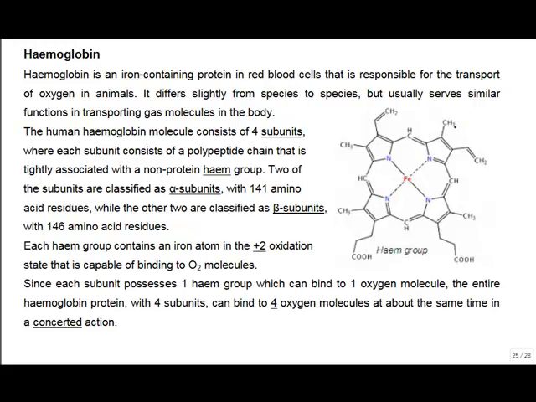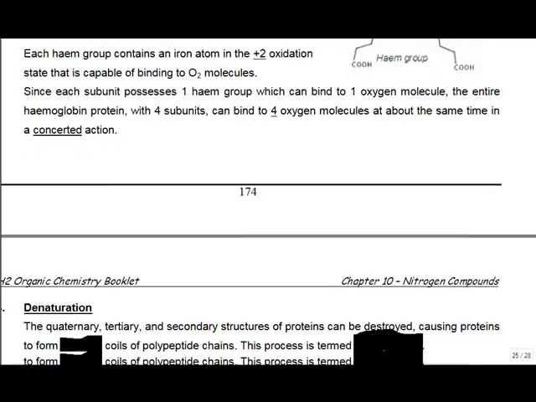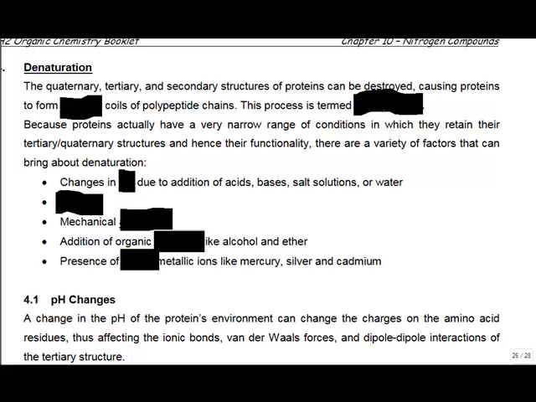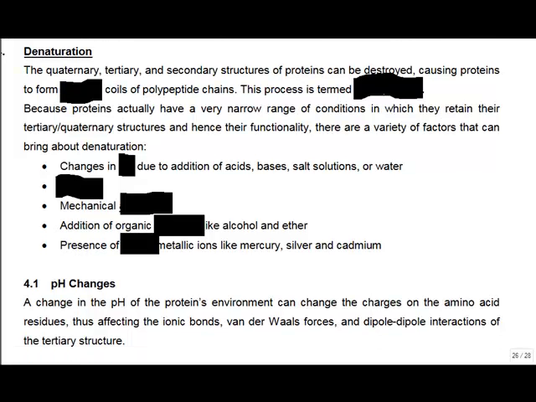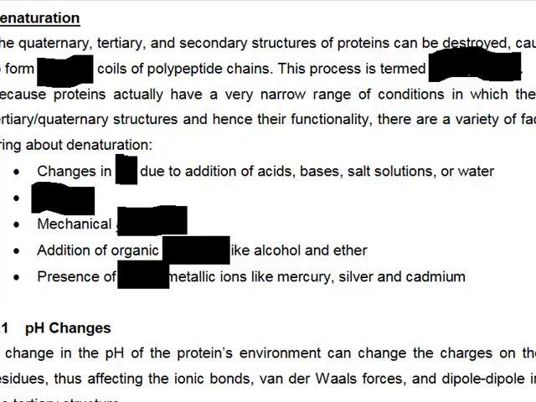Now, let's move on to the denaturation of protein and the various ways that it can occur. We know that the quaternary, tertiary, as well as the secondary structure of protein can be destroyed when we use various methods, and when they are being denatured, we cause them to form random coils of polypeptide chain, and this procedure is called denaturation.